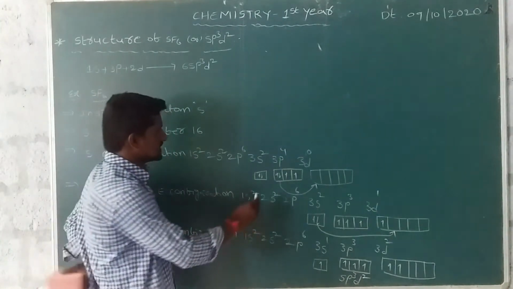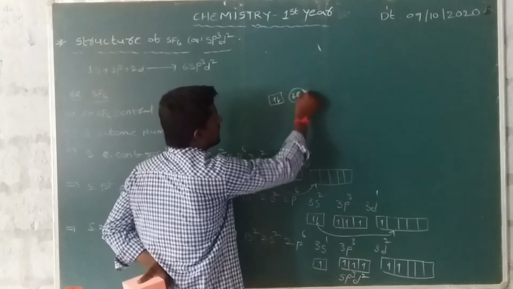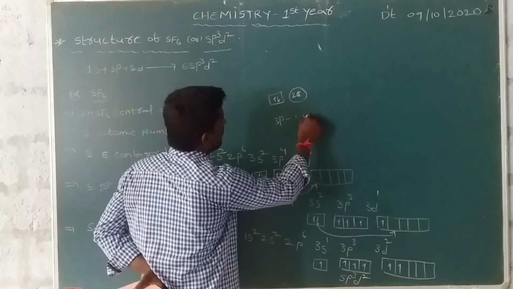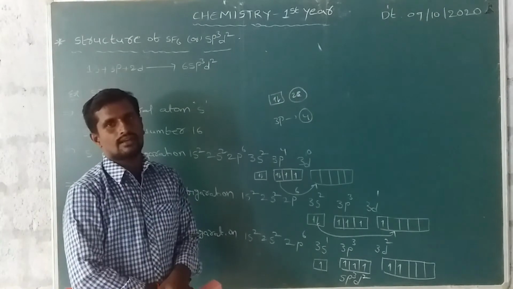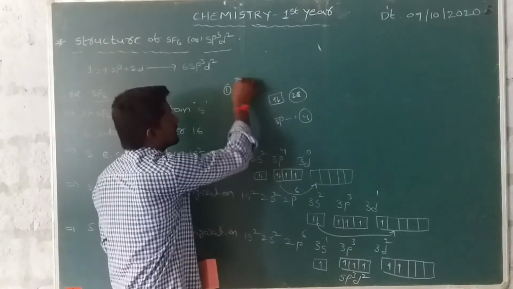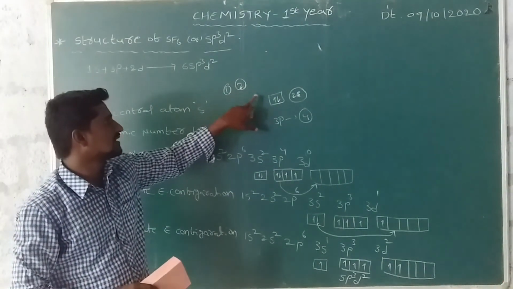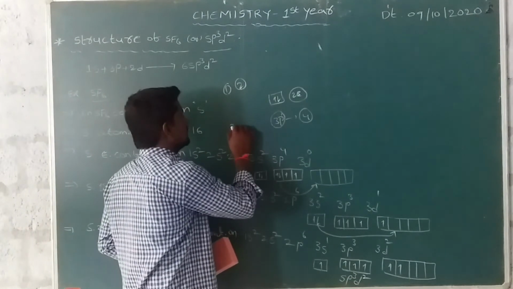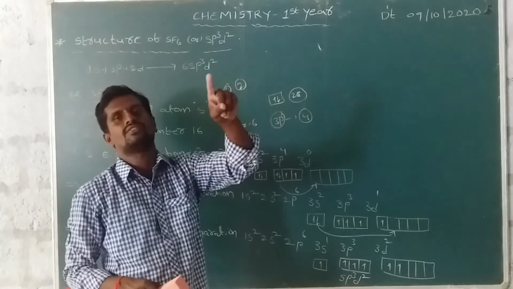Originally 3s has 2 electrons and 3p has 4 electrons. In the s subshell, 1 or 2 electrons is a stable configuration, and in the p subshell, 3 or 6 electrons is a stable configuration.